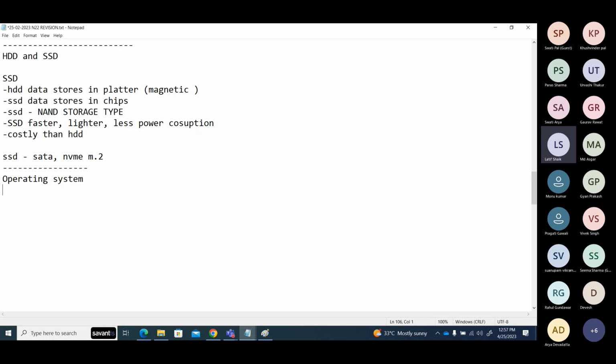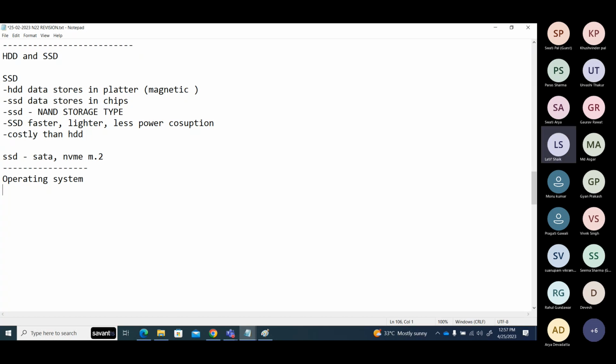Difference between hardware and software: hardware is physical electronic components. Software is a program which works with the hardware. Without hardware, you cannot run any program, application, or operating system. Nothing will work without hardware.